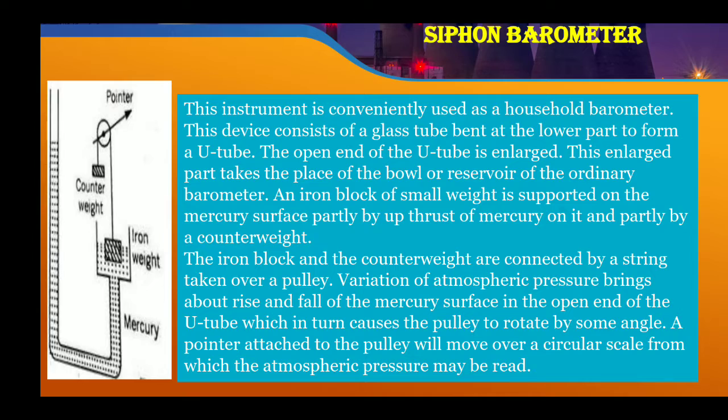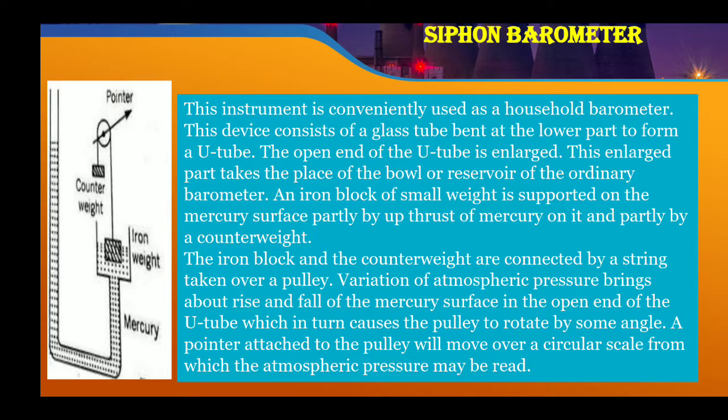This causes the pulley to rotate by some angle. A pointer attached to the pulley will move over a circular scale from which the atmospheric pressure may be read.